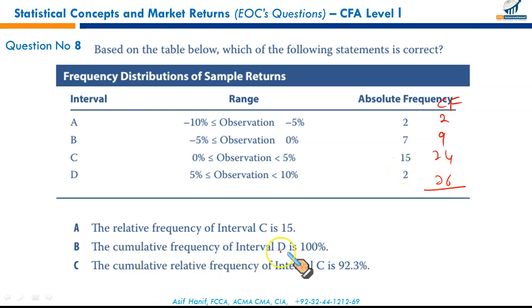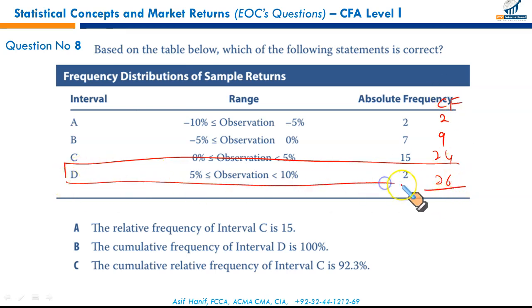Up to D is 100%, but D alone is not 100%. There are 4 intervals, so we can't say all the data falls within D. This is incorrect as well.